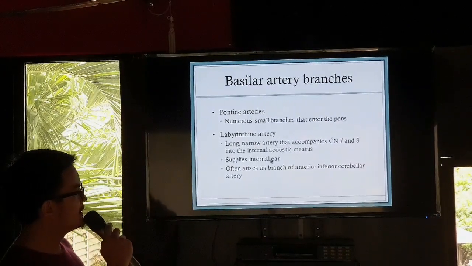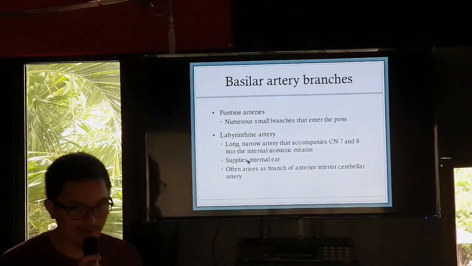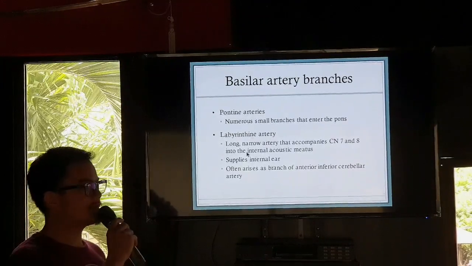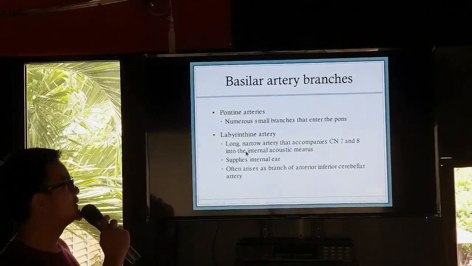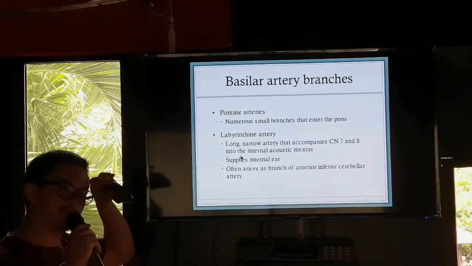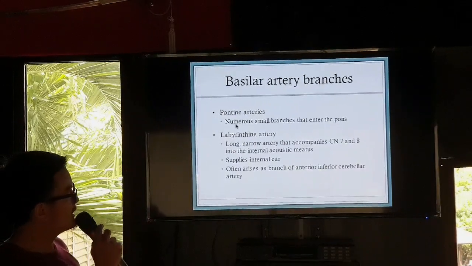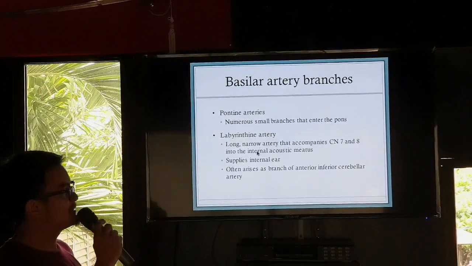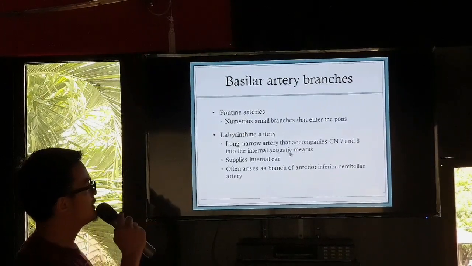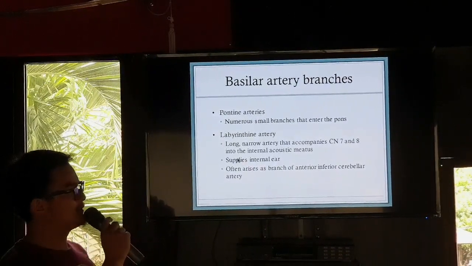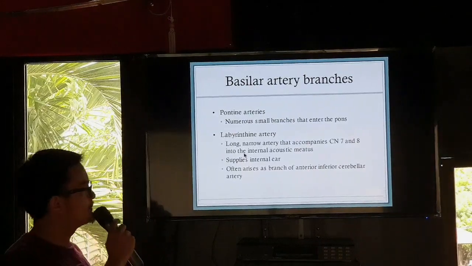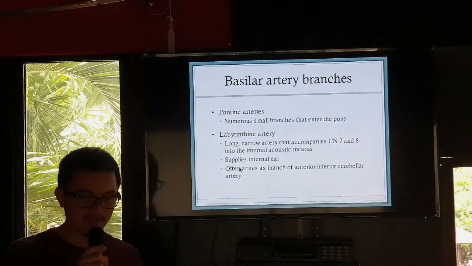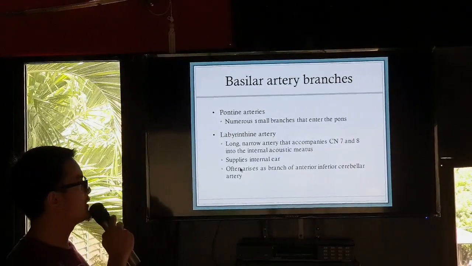Obviously it supplies the labyrinth of the internal ear, and that's why it's called the labyrinthine artery. It's a long, narrow artery that accompanies the facial and the vestibulocochlear nerve in the internal acoustic meatus, and it supplies the internal ear. It's often a branch of the anterior inferior cerebellar artery.